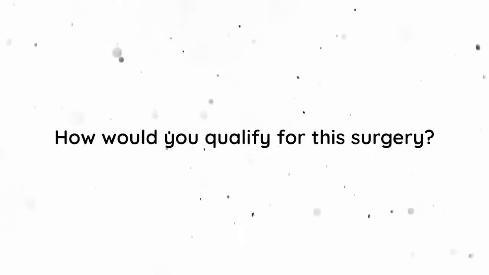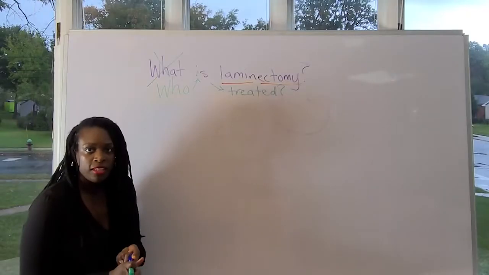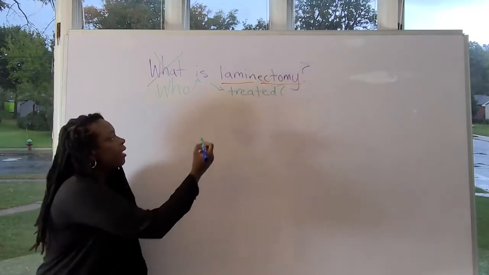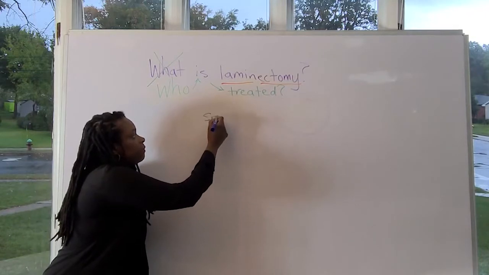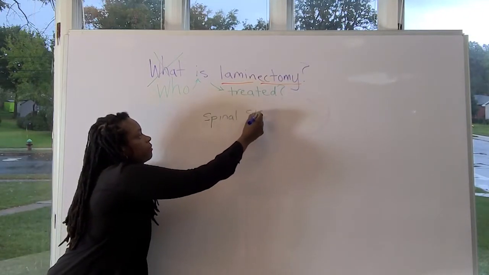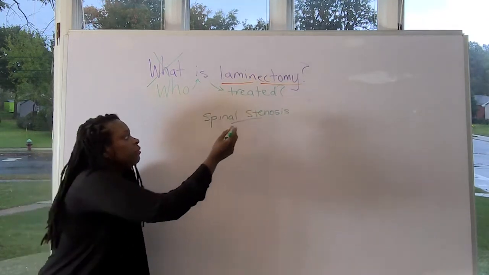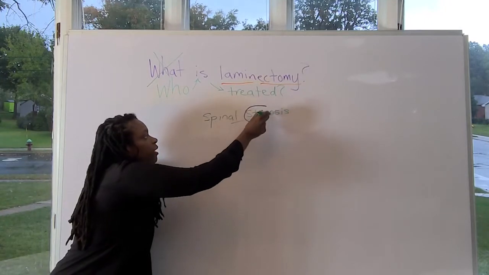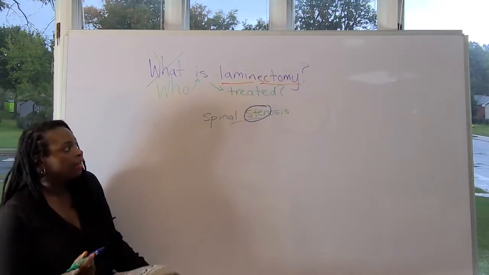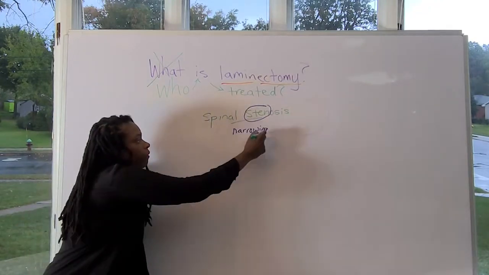Now we're going to dive into what people go through and why somebody would qualify for this kind of surgery. You will often hear about spinal stenosis. If we're breaking down words, remember I talked about that before, look at this word right here, S-T-E-N. That simply means narrowing, okay?